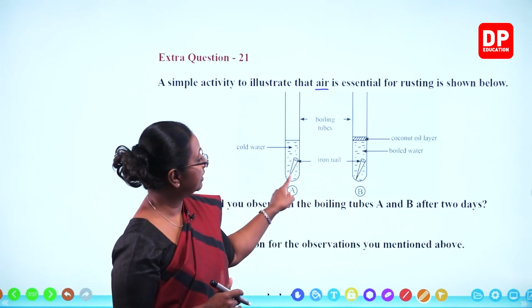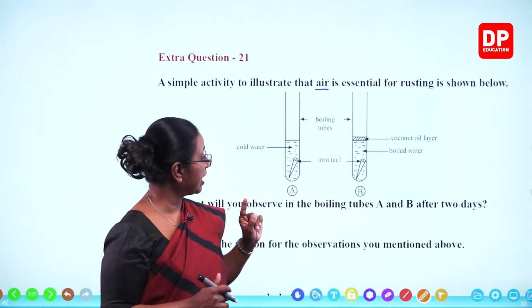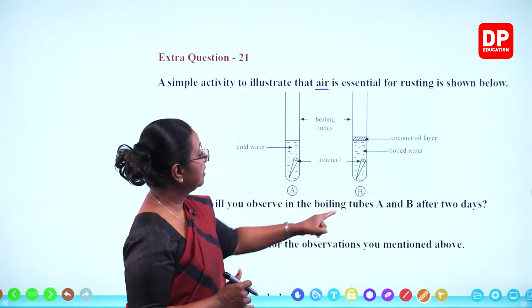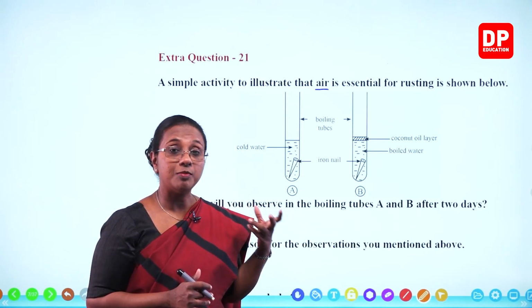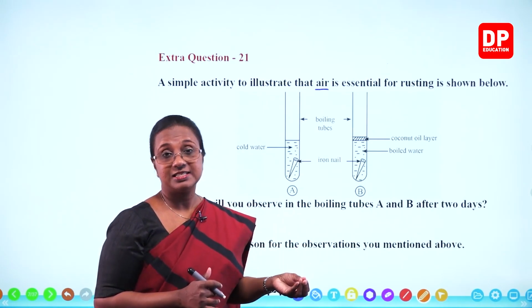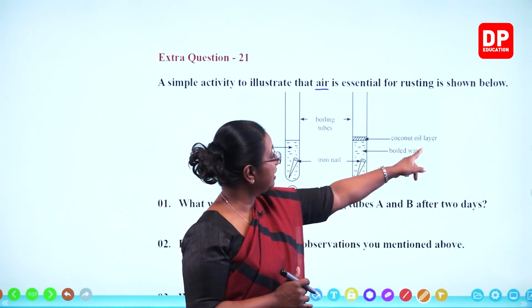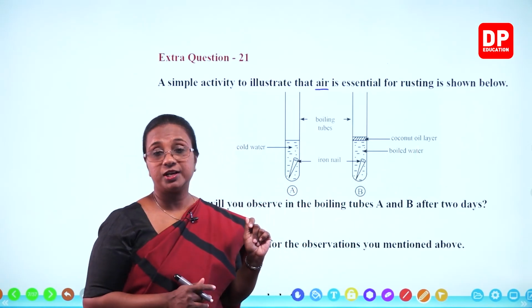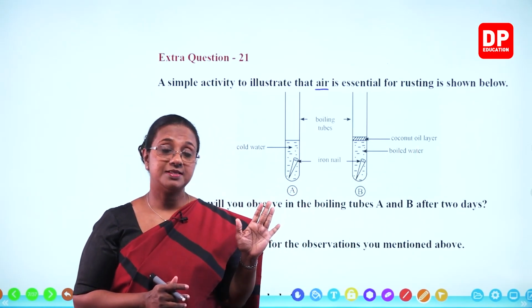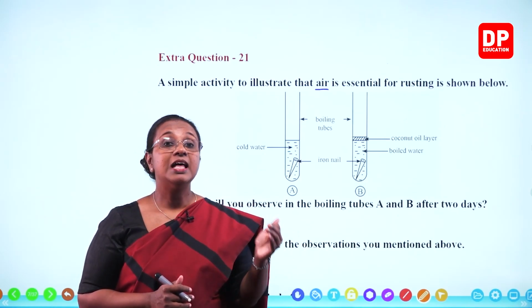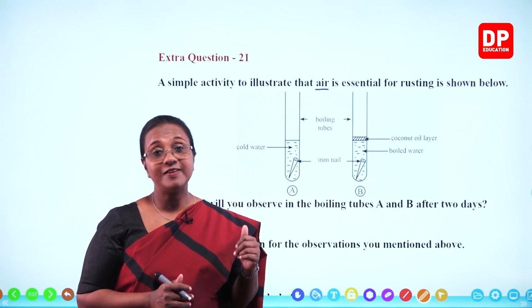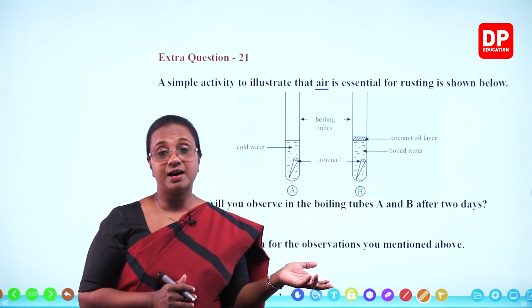Into each you introduce the iron nails, and then we heat boiling tube B so that the water will boil. Once it does, we immediately add a layer of coconut oil. What happens there? When you heat water and it starts boiling, the gases dissolved in the water are evolved out.